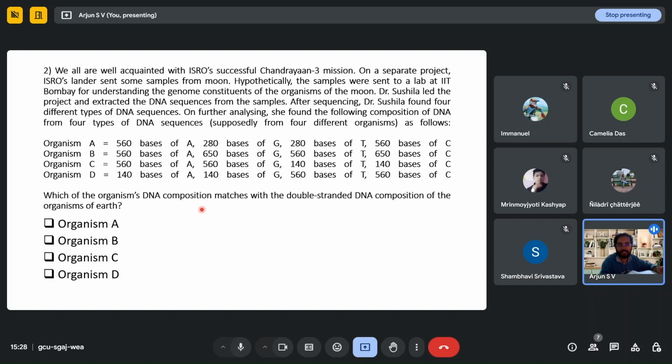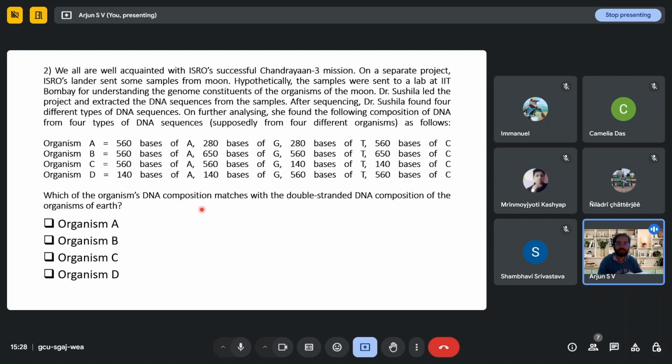It's a ratio, or it can be called a mathematical formula. If you know that concept or formula, you can approach this question easily. So you just need to know what formula this is.